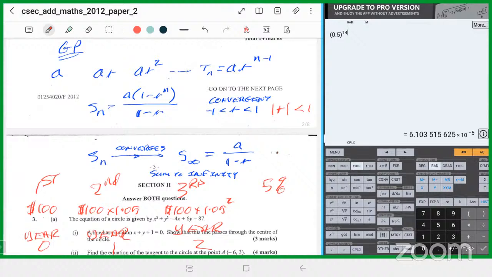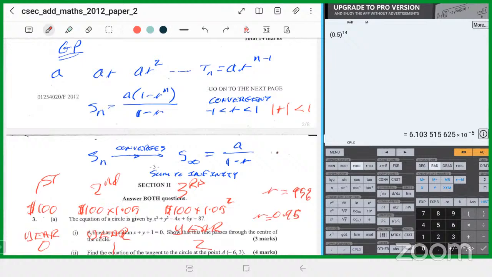If something is decreasing by 5%, then the ratio becomes 95%, which is 0.95. Your common ratio would be 0.95, because the new value would be 95% of the first value.